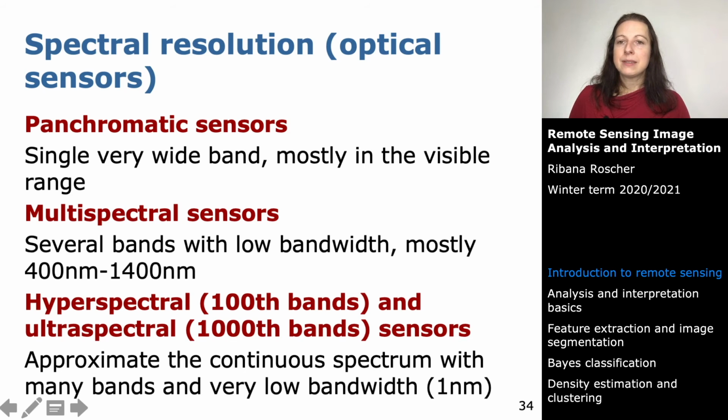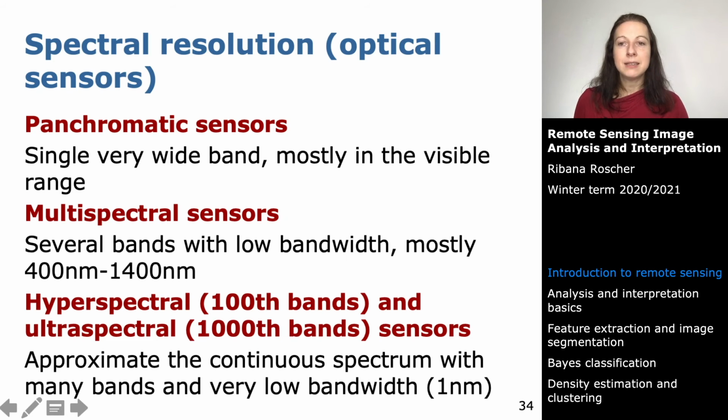So, for example, let's have a look at optical sensors. When we have optical sensors, they can have a different spectral resolution. When we talk about panchromatic sensors, this is a single very wide band, mostly in the visible range. So you take the information from the whole visible area and you get one intensity back.